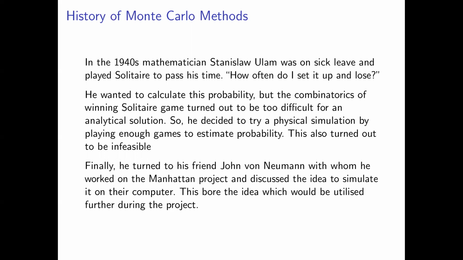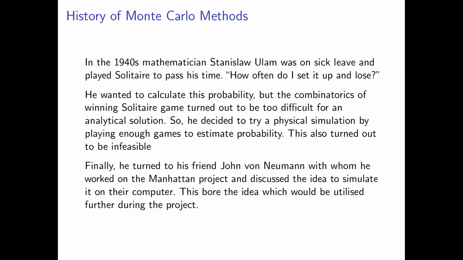Since this was the time before having computers doing the reshuffling within split seconds, this also turned out to be infeasible. So at some point he decided to use computational power from an actual computer, and he turned to his friend John von Neumann, very famous informatics person, one of the leaders in this field back in the 1940s.